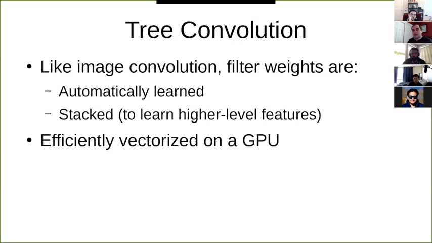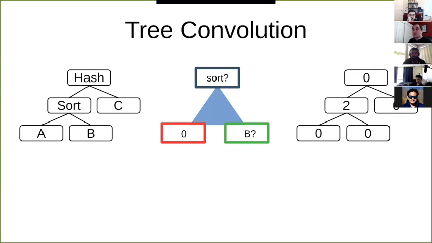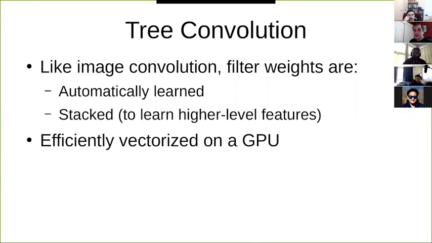And what applying more layers of tree convolution looks like is taking these response trees, these trees where I now have numbers instead of relational symbols, and feeding those again into another layer of tree convolution. So then I can have a filter that looks for a hash and then a sort and then another hash. And if I add another layer after that, I can look for hash, sort, dot, dot, dot, right?